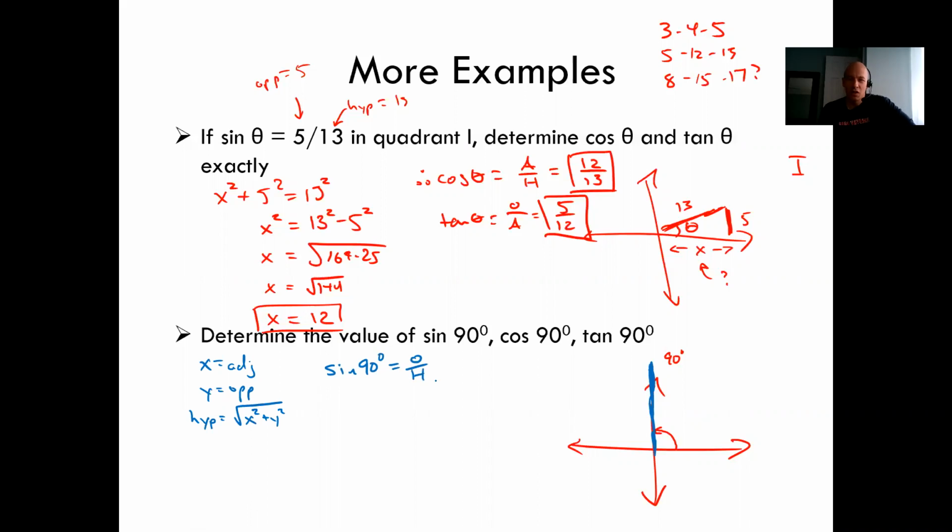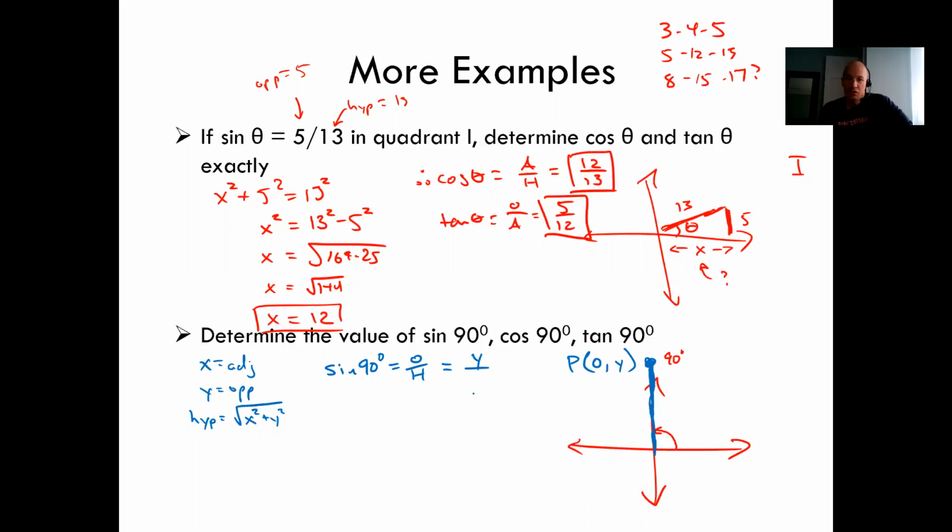Now, how long is the opposite side? Imagine some point here. What are the coordinates of this terminal point? The x is very easy because it's 0. And y, we don't know, but y is somewhere on that line, okay? So the point would be 0, comma y. What we can therefore conclude is the opposite side is y. We don't actually know how high it is, but it's y.